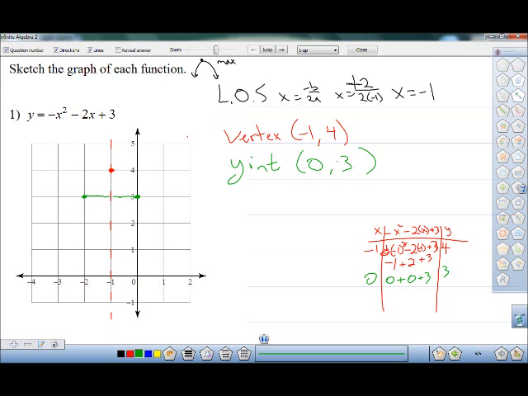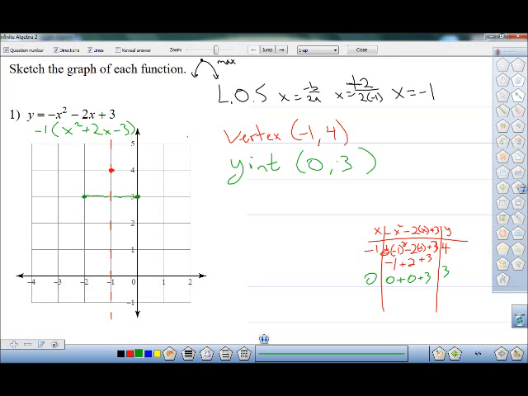Now we can try to factor this. We can factor this. Maybe. Yeah. I would factor out a negative 1. Left of x squared plus 2x minus 3.